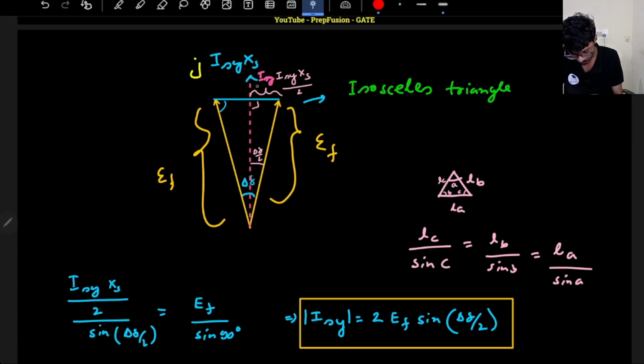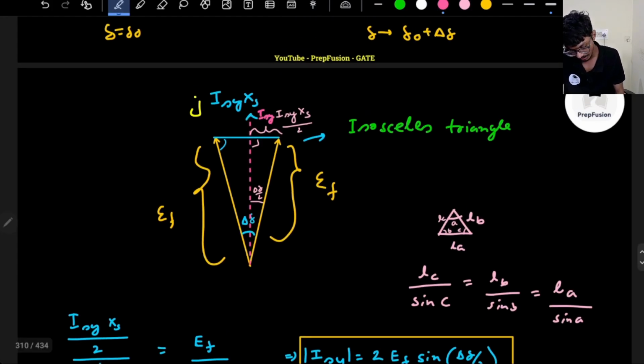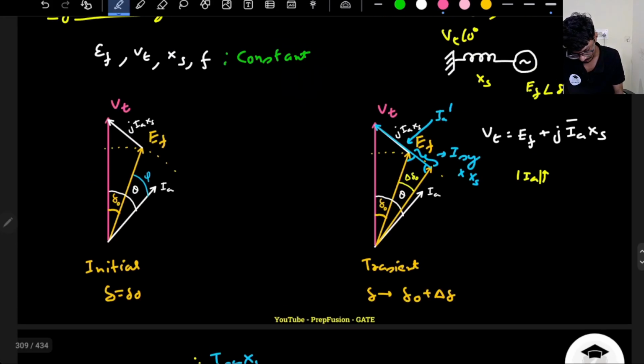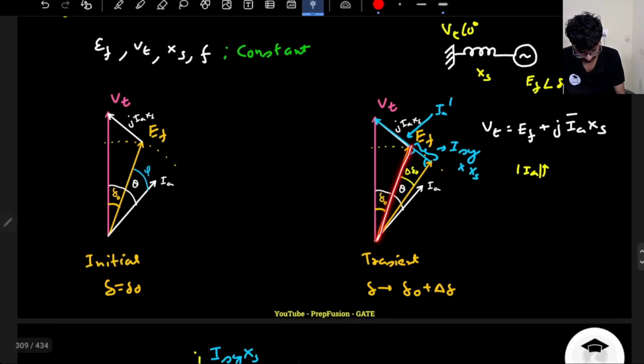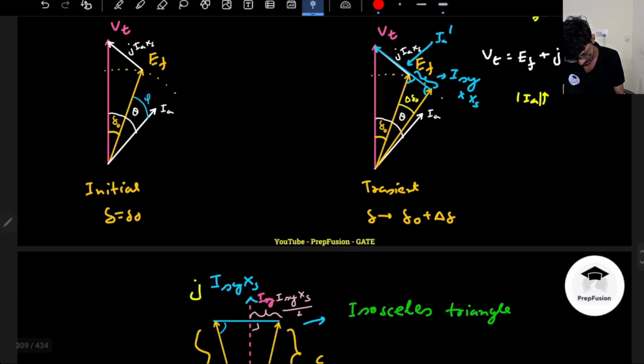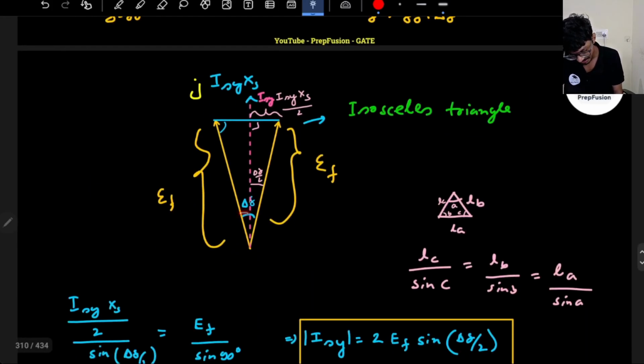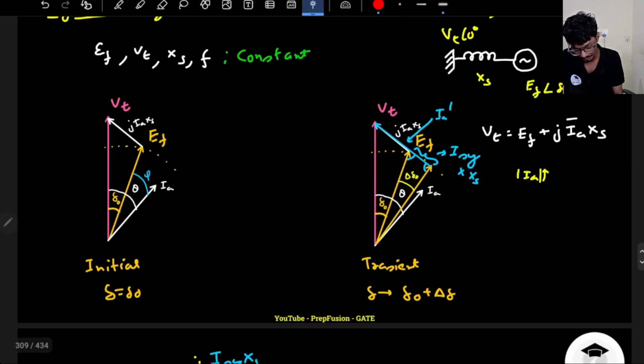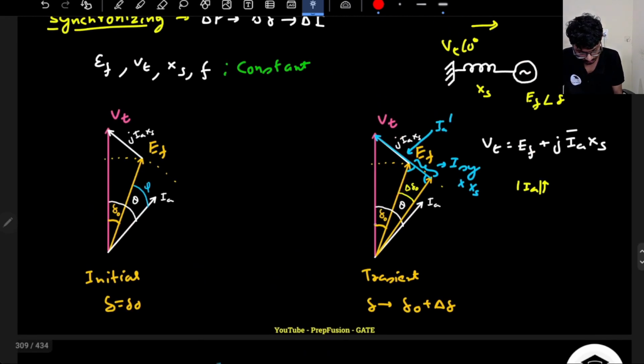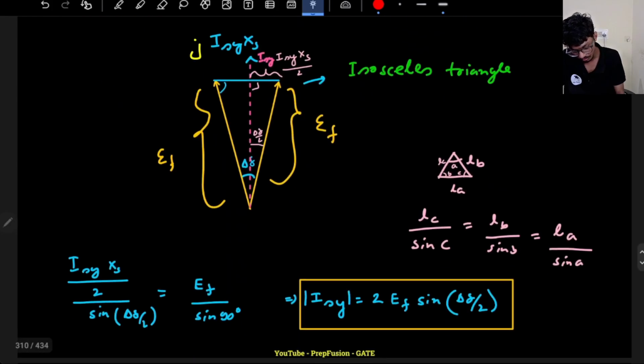So what is the angle of ISY with respect to the initial reference? Remember, your EF is here, and this angle is delta by 2. So with respect to EF, it is minus delta by 2 because it is lagging. But remember, your EF is already lagging with delta naught from VT.